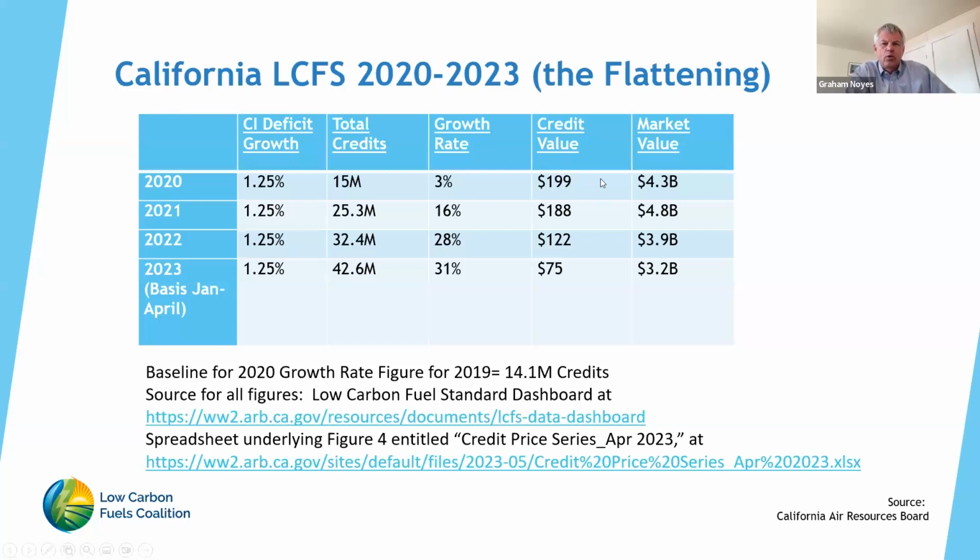And then we see the credit value dropping throughout that period. Not surprisingly, this is a market mechanism, and the market's responding to the reality of the credit balance, so to speak. And then we see the market value dropping during an essentially flat 2020 to 2021, but then coming down significantly despite this dramatic credit expansion.